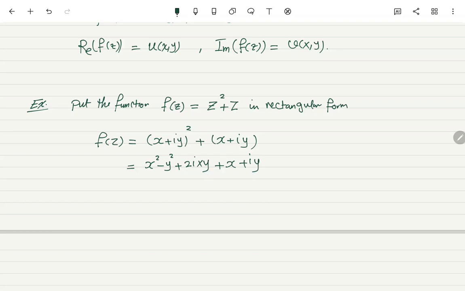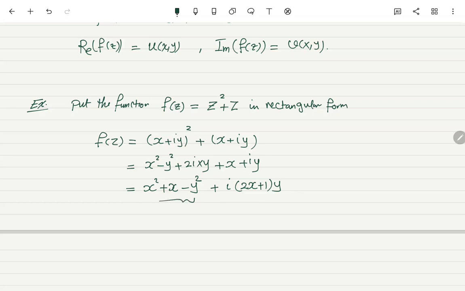Now add the real with the real and the imaginary with the imaginary. You will get x squared plus x minus y squared plus i (2x plus 1) y.